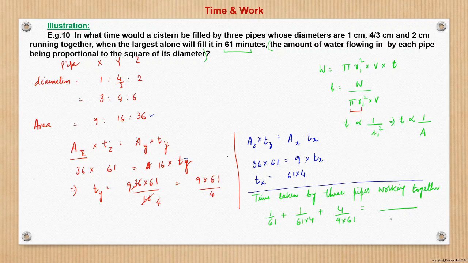So LCM would be 36 into 61. So here it will be 36 plus 9 plus 4.